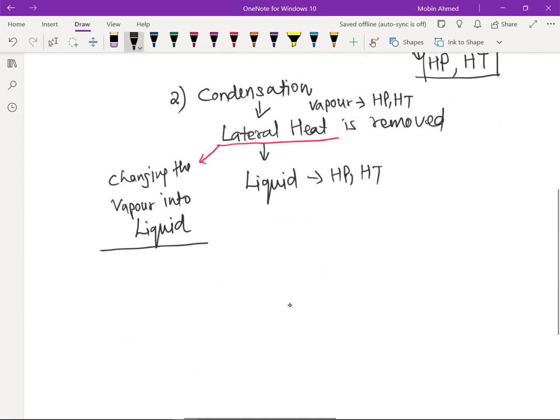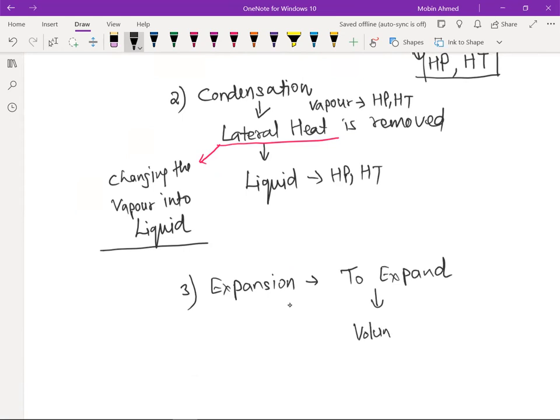Now the third one is known as expansion. Expansion means to expand. What are we expanding? We are expanding the volume. How is the volume going to be expanded?